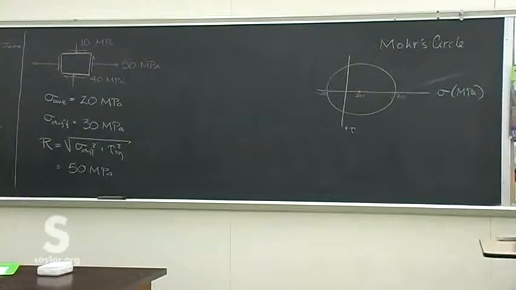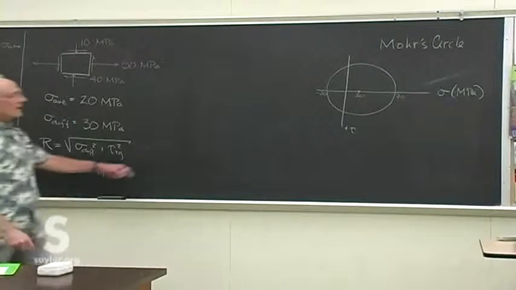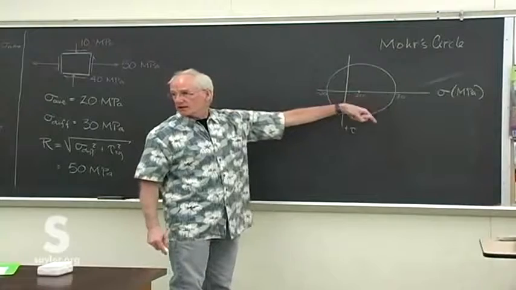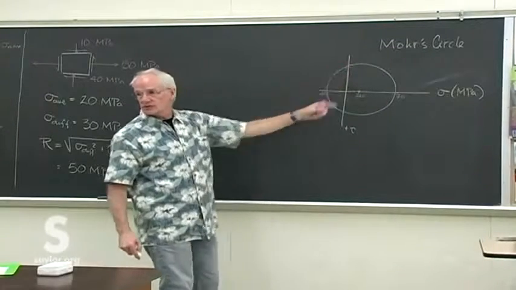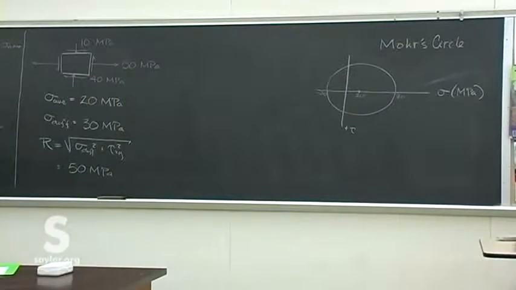Do you remember why we put the positive shear stress direction down? Works out. When we get these angles drawn on here, the angle in the circle is the same direction as the angle on the drawing. If we had a positive shear stress up, then clockwise on the circle would be counterclockwise on the drawing, and just extra pain. We don't need extra pain.